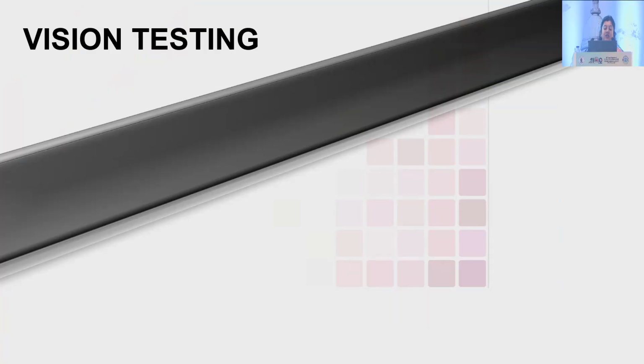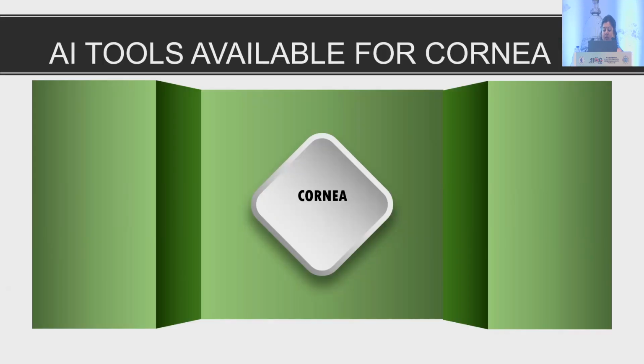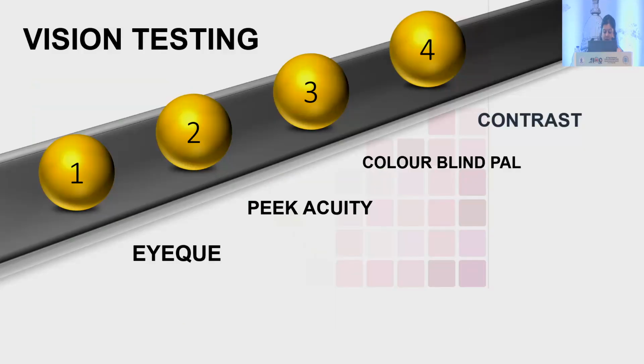Then coming to vision systems, we have IQ, Peak Acuity, Colorblind, and Contrast. IQ is an AI-powered app which allows users to perform a vision test. Then Peak Acuity test can be used in telemedicine services to remotely diagnose various retinal diseases. Then Contrast can be used in patients with defective contrast sensitivity before planning cataract surgery.